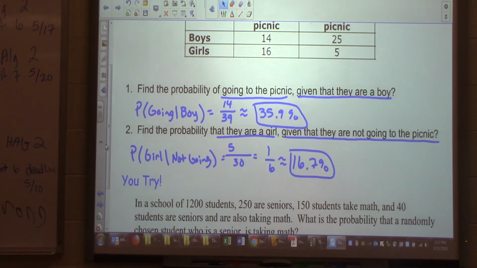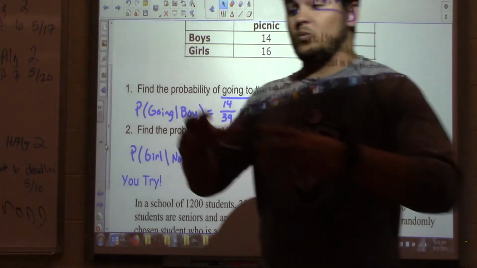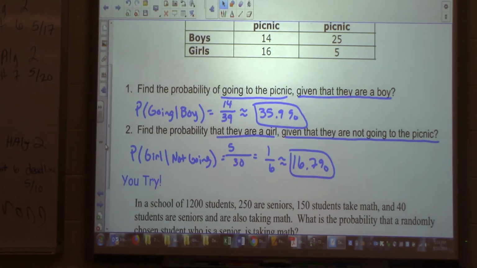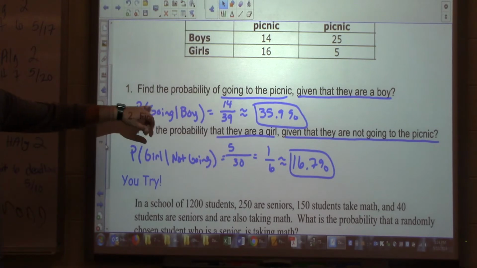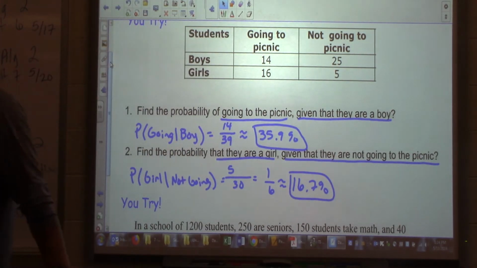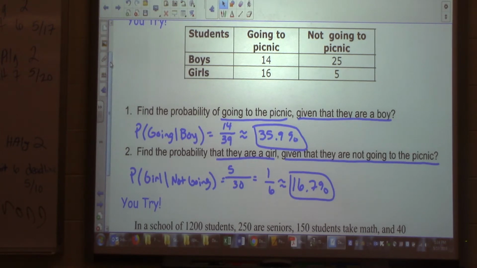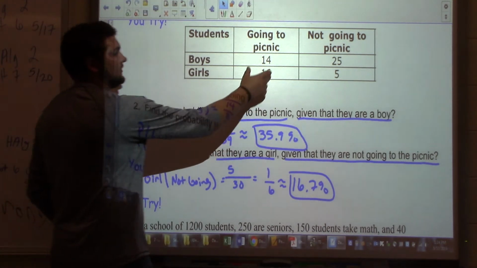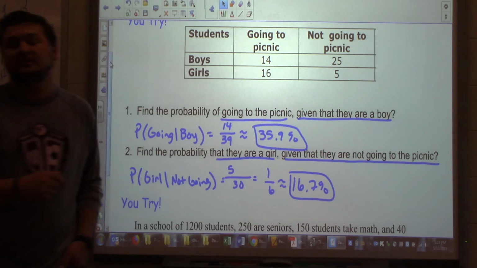36%. Your given is basically your sample space, and you're trying to figure out the probability of which ones are actually going, or in other cases might not be going. So check your answers, please. The probability they're going and that they're a boy: there's 14 boys that are going, out of 39 total boys, 14 plus 25.